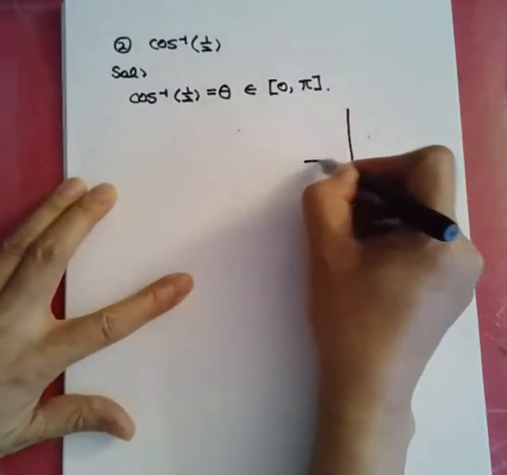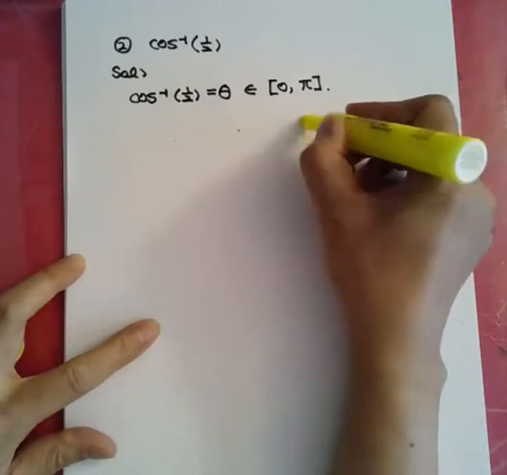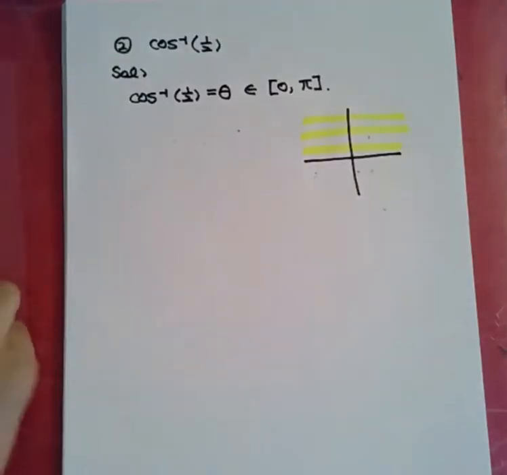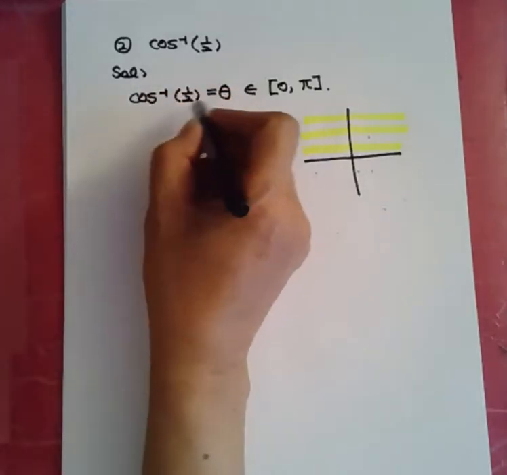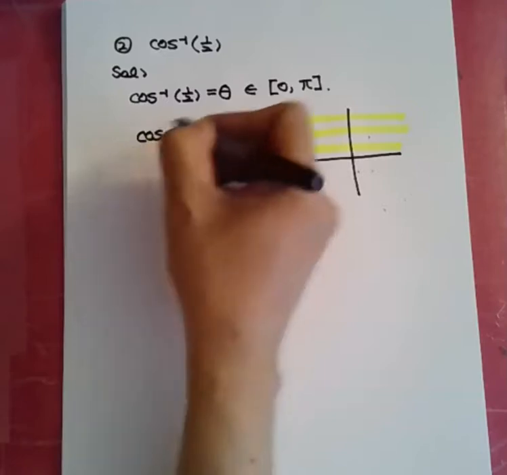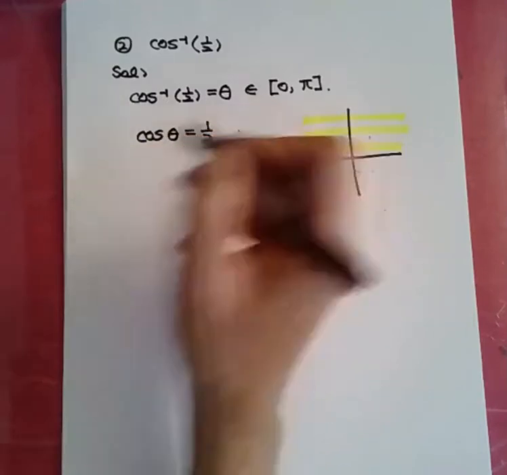When we consider the quadrant, it should be located either in the first quadrant or second quadrant. If we rewrite this with cosine, then cosine of theta equals 1 over 2.